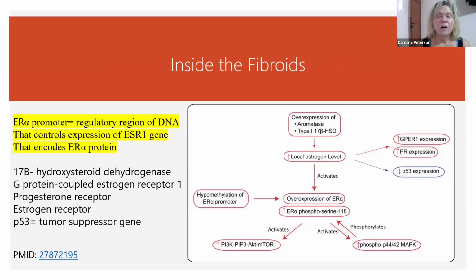So again, we want to look at the inside of the fibroid and the estrogen receptor alpha promoter, which is the regulatory region of the DNA that controls expression of the gene that codes for the protein of the estrogen receptor alpha.